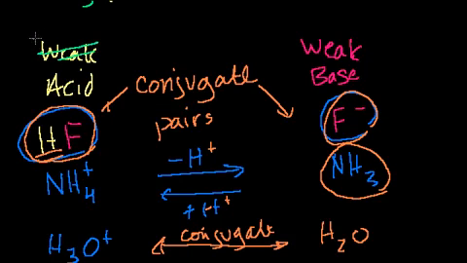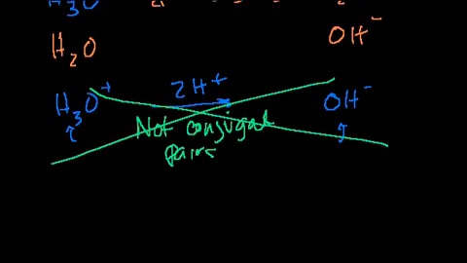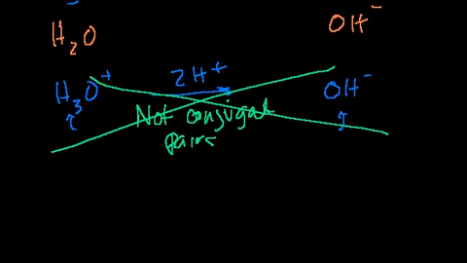So I could call these the conjugate acid and the conjugate base. And we'll see that you don't have to be using a weak acid or a weak base. Even though something might be a conjugate acid or conjugate base, it doesn't necessarily mean that it's very basic, for example, or very acidic. If I have hydrogen chloride, we know this is a strong acid.